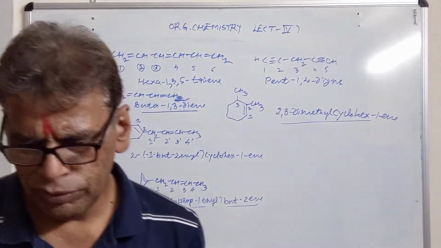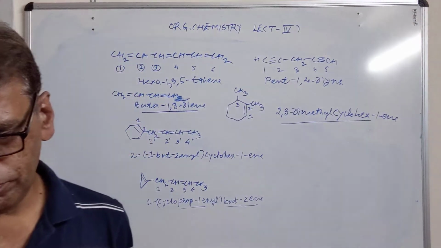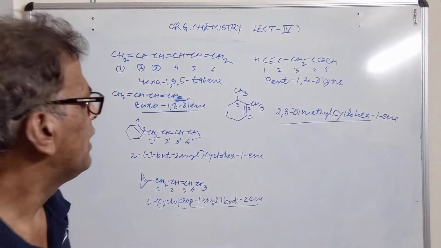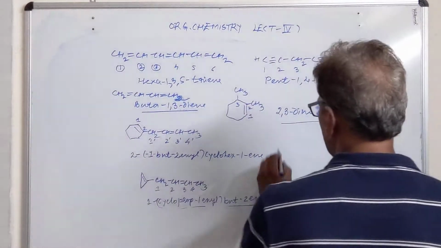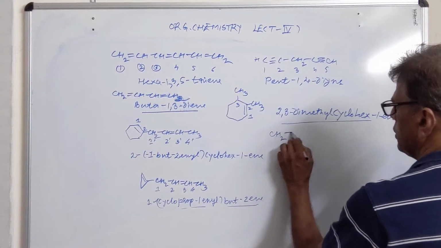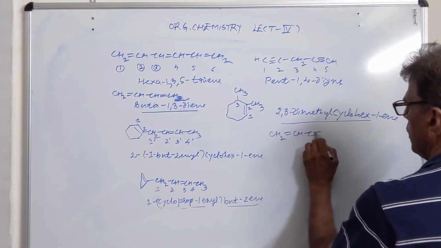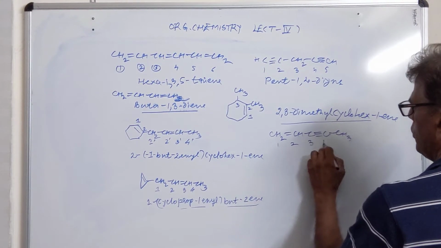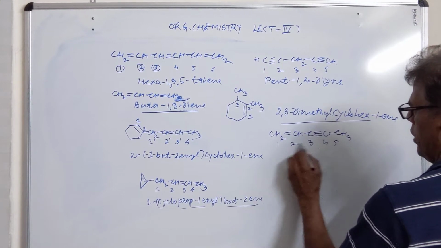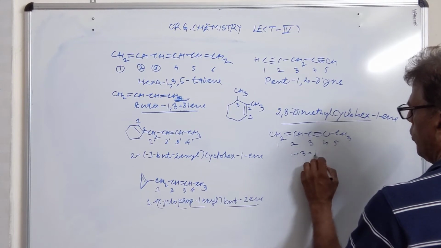Then we come to the naming of mixed systems. We have already taken some mixed systems where they were having a double bond as well as a triple bond. This is the system. If I number it from this side, the sum of the numbers is 1 plus 3, 4.